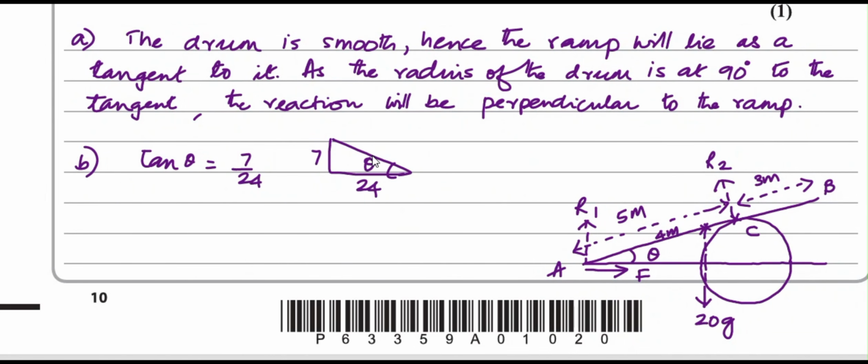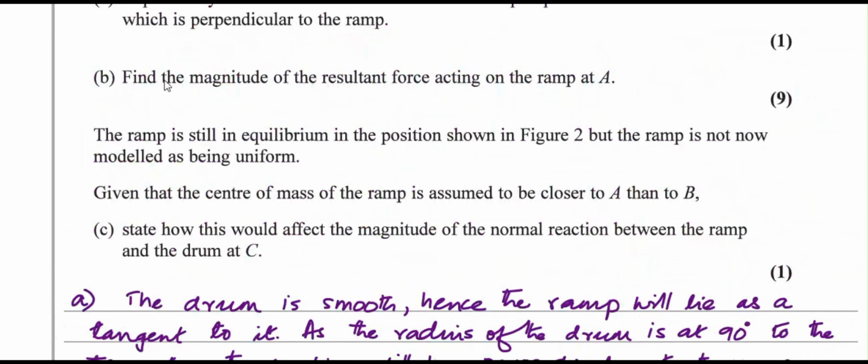Hence the hypotenuse should be the square root of 7 squared plus 24 squared, which comes to 25. Hence sin theta is equal to 7 over 25 and cos theta equals 24 over 25. The question asks us to find the magnitude of the resultant force acting on the ramp at A.